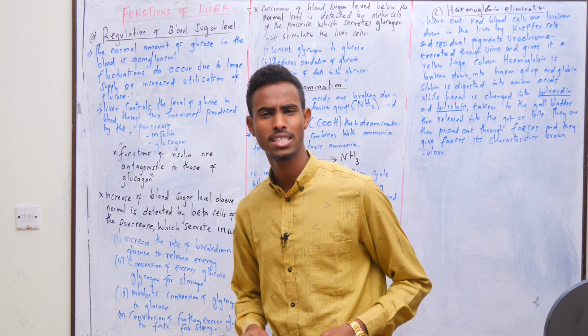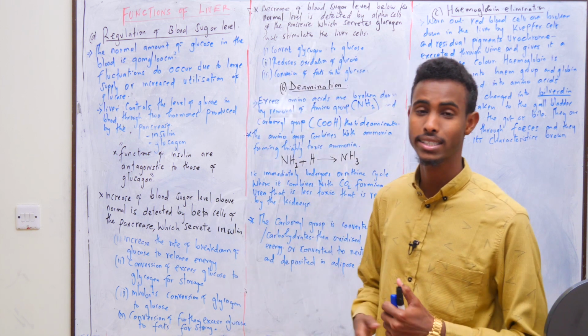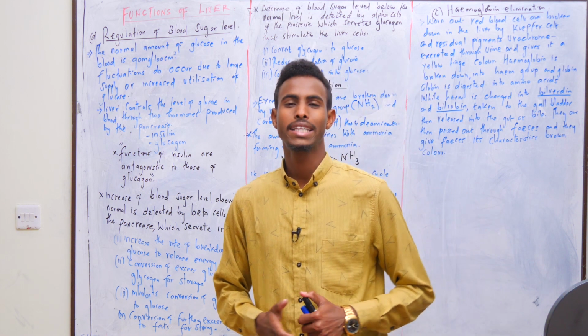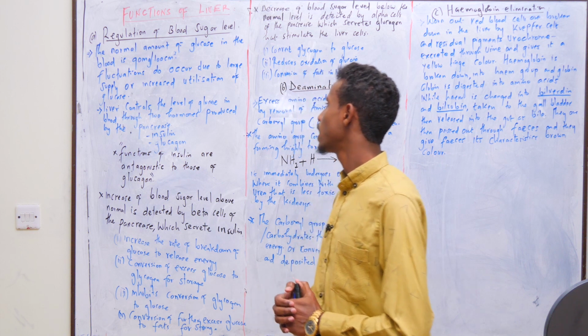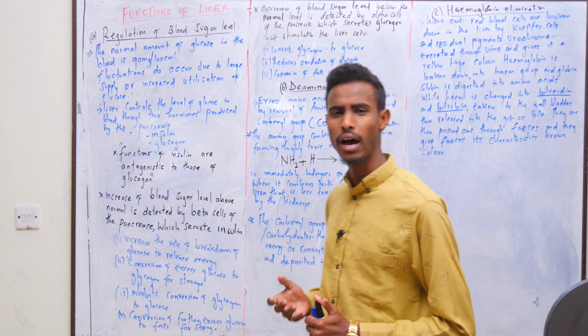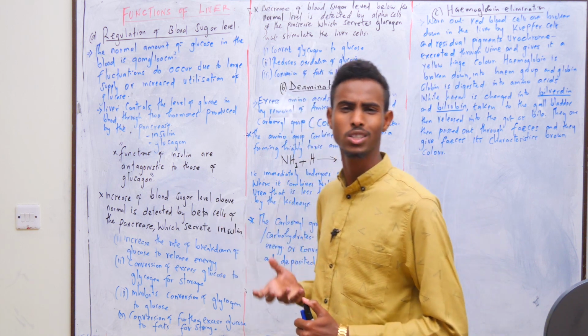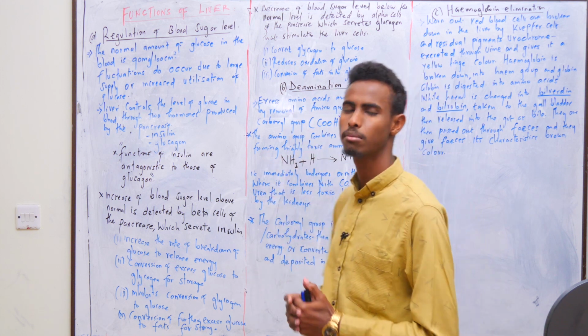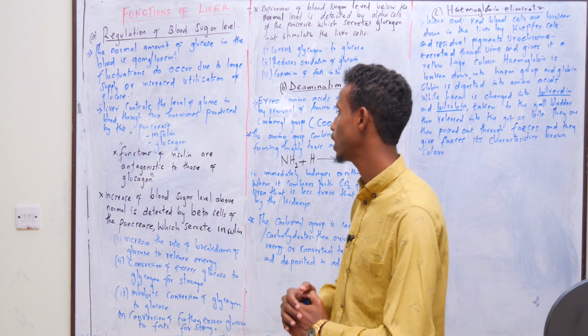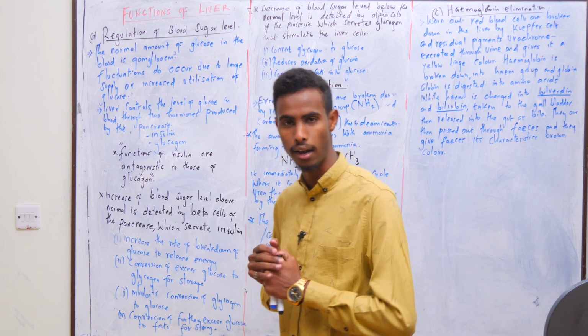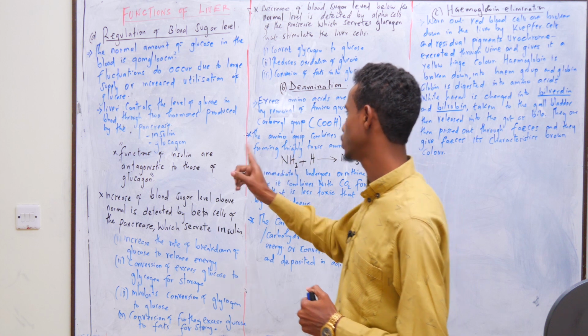As discussed earlier, the body has corrective mechanisms that restore deviations back to the normal. Therefore, the liver plays a significant role in regulating blood sugar level, and we want to delve deep into how it does that.